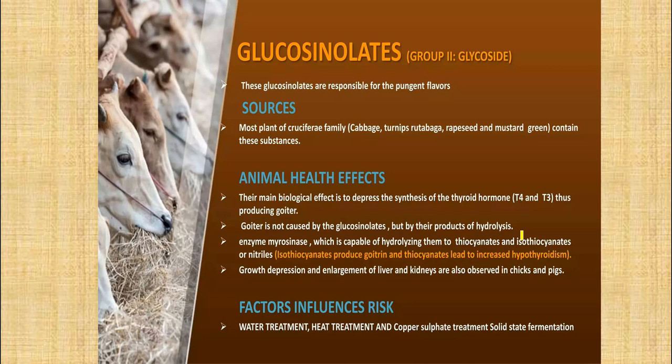So the enzyme known as myrosinase is capable of hydrolyzing them to thiocyanate and isothiocyanate or nitriles. These produce goitrin and thiocyanate, leading to hypothyroidism and growth depression, and enlargement of liver and kidneys is also observed in the case of chicks and pigs.